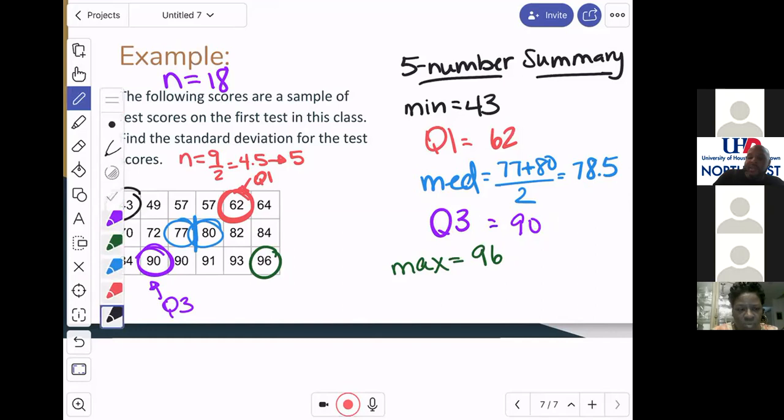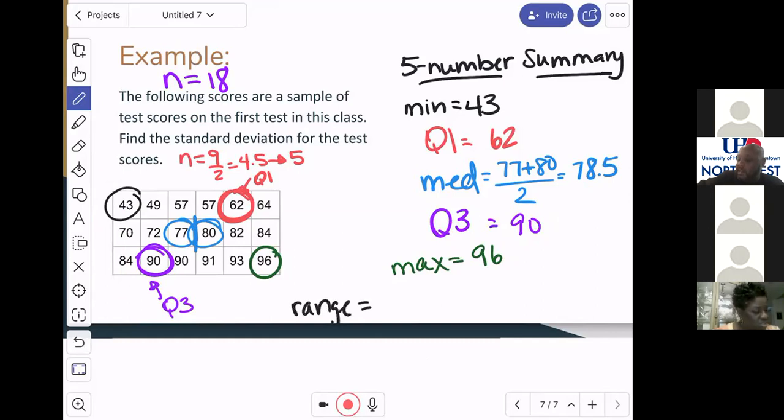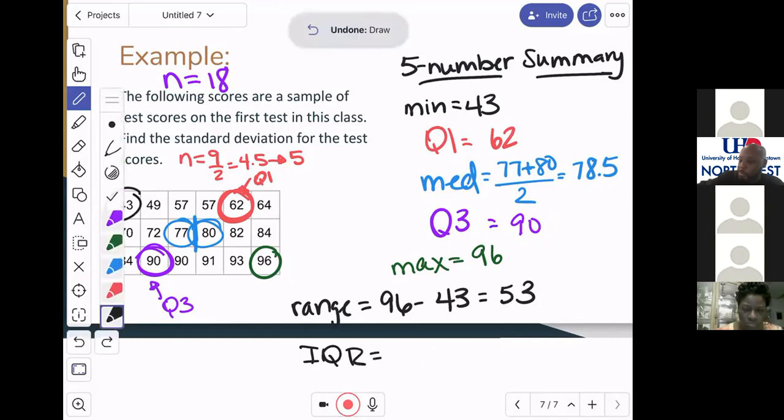I can also find other things from this. For instance, I can find the range, right? The range of the data set is equal to 96 minus 43, which is 53. And I can find the IQR. The IQR is 90 minus 62, which is equal to 28.